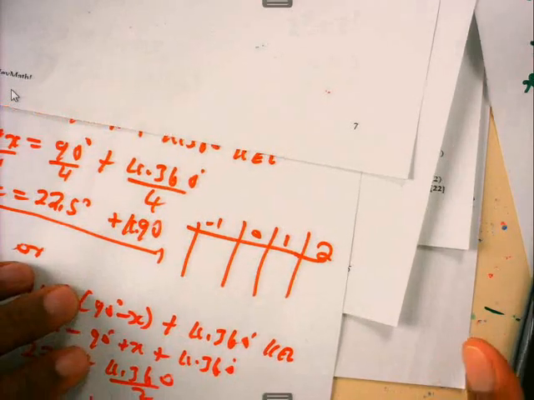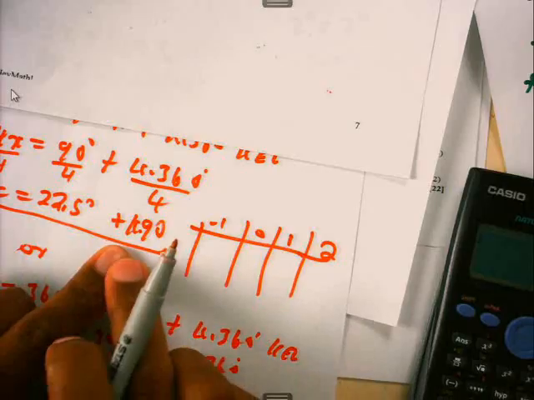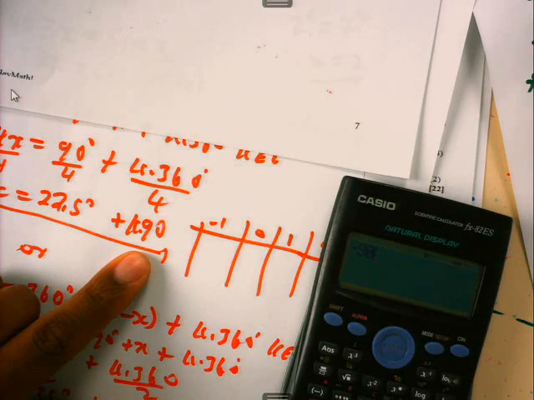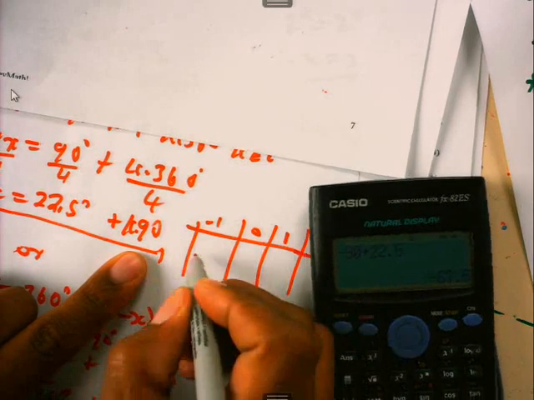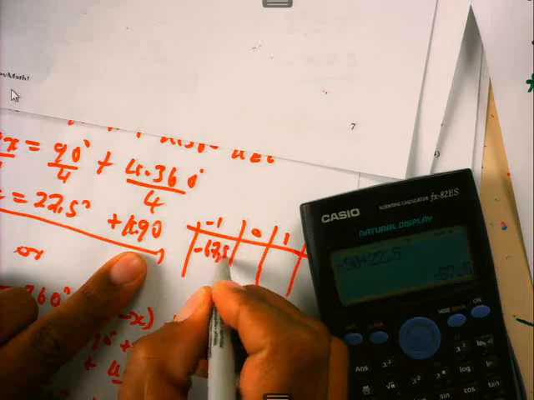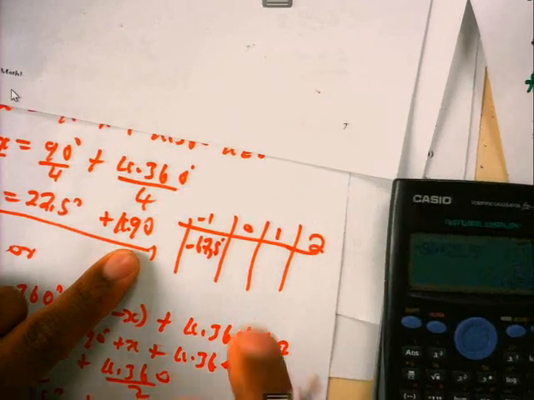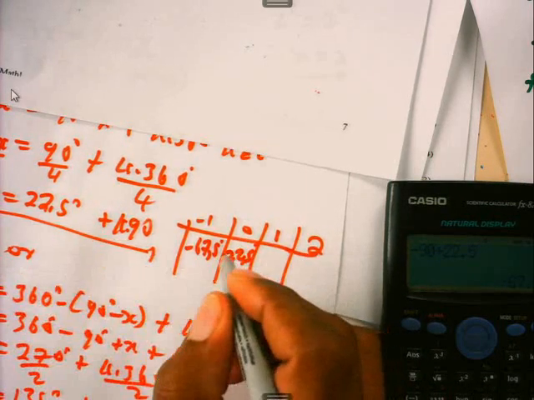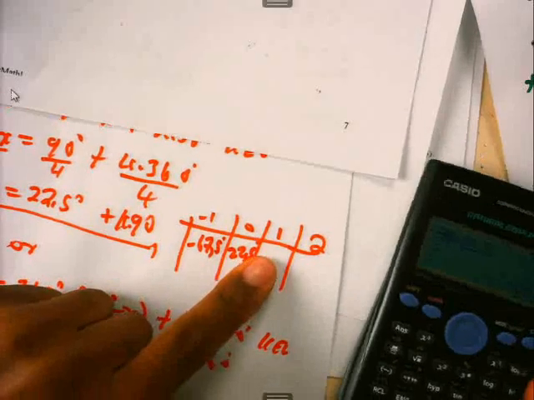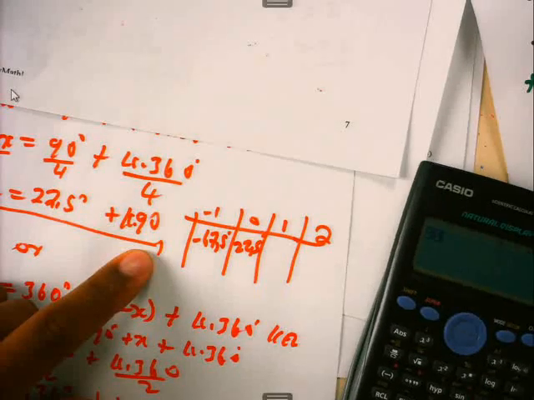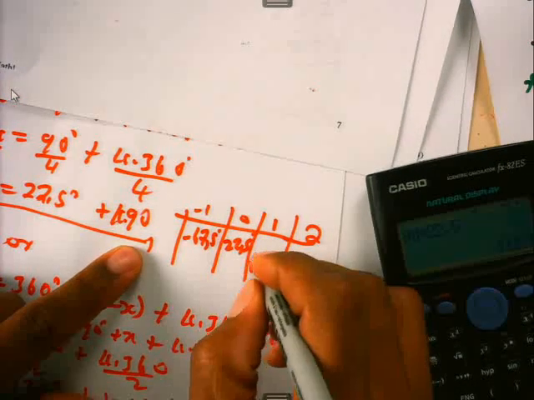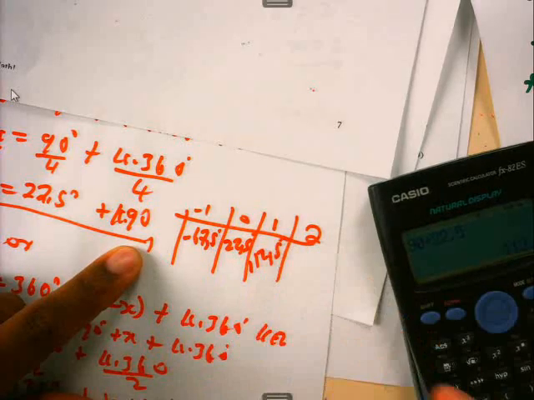Now, -1 times 90 is -90, and plus 22,5, the answer is minus 67,5. If k is 0, then we have 22,5. If k is 1, that is 90 plus 22,5, then we have 112,5.